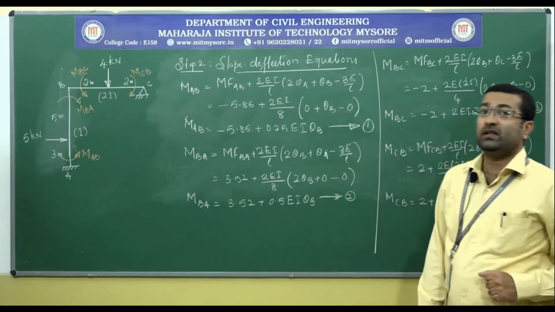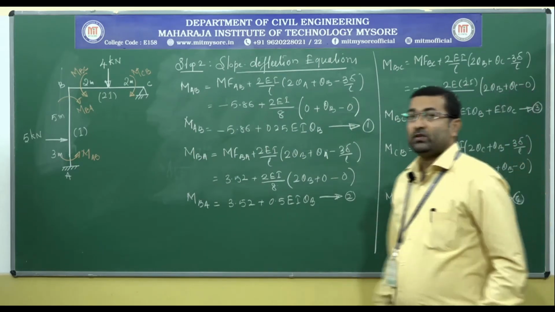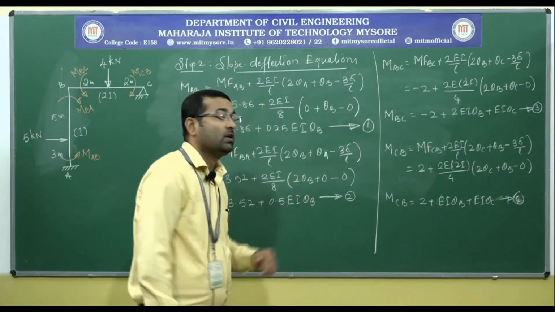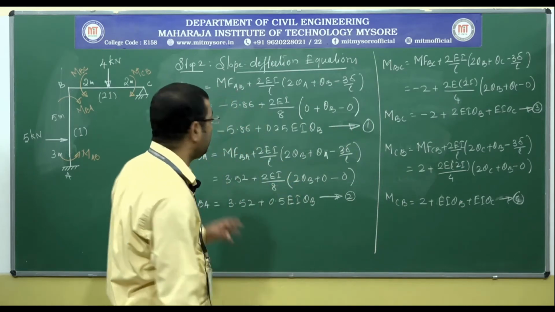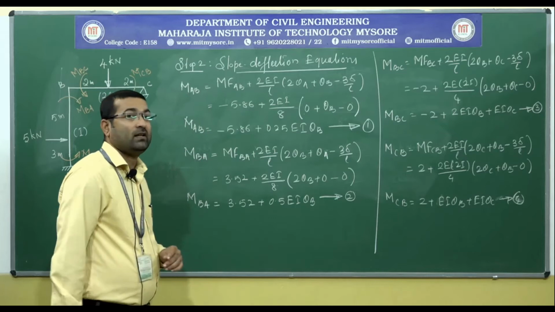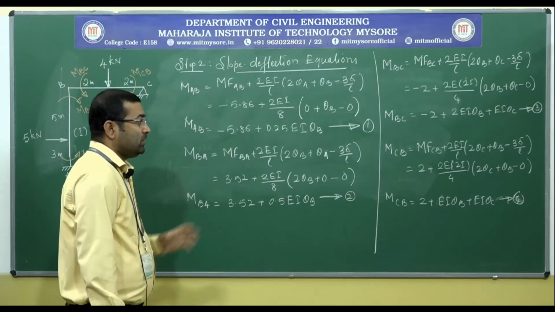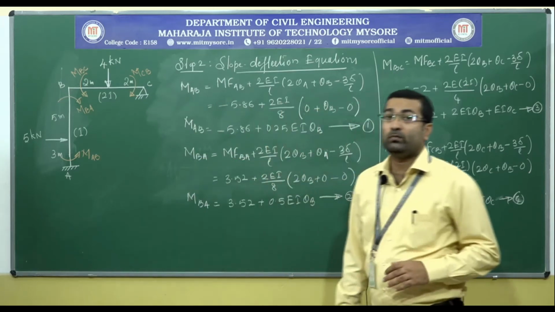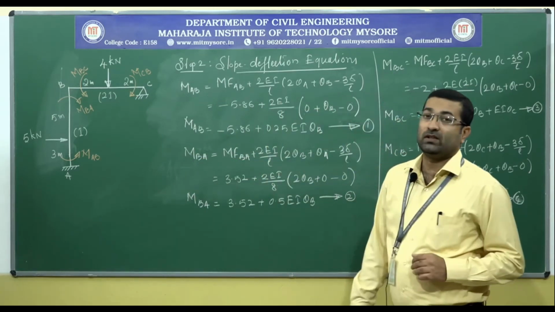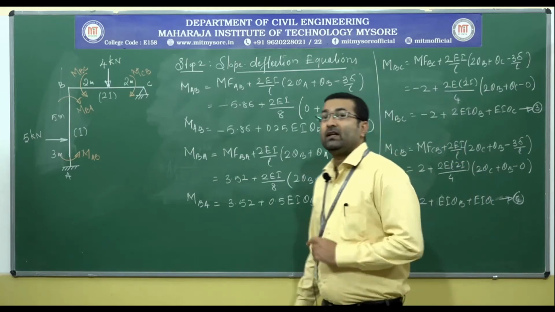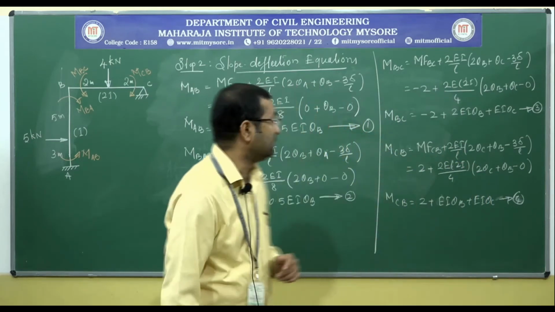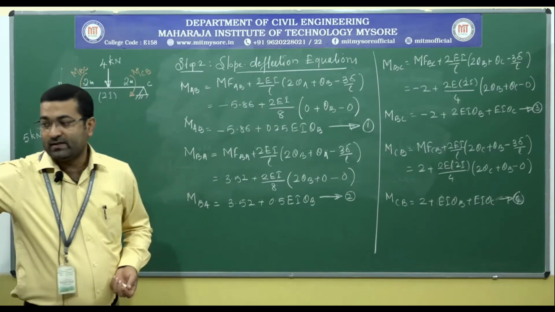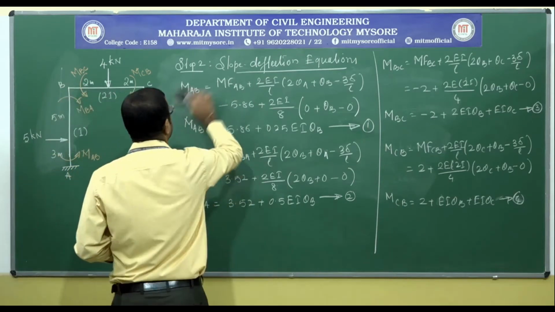They are nothing but the rotations of joint B and joint C. We need to determine how much the rotation of the members is at joint B and at joint C. To determine these two values, we need to impose the equilibrium conditions at joint B as well as at joint C. That we will do as step number 3.